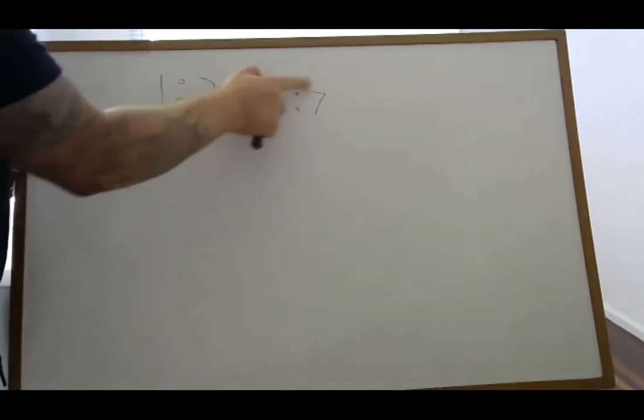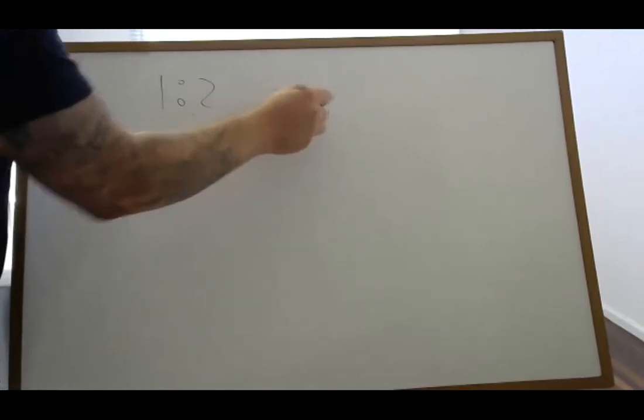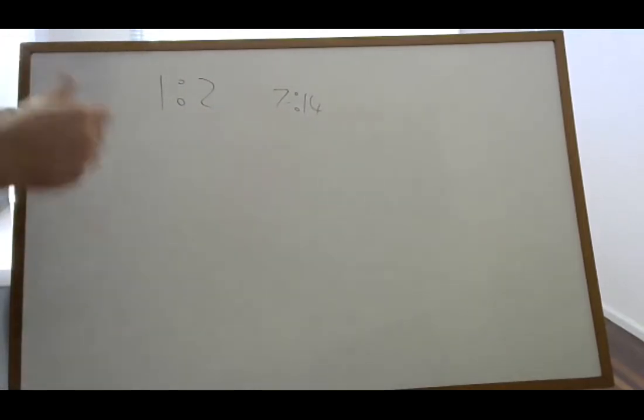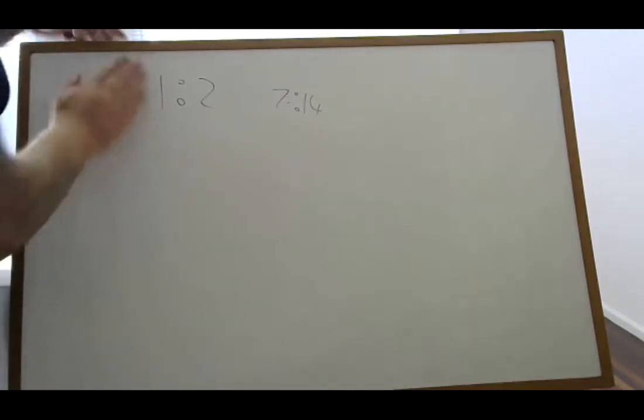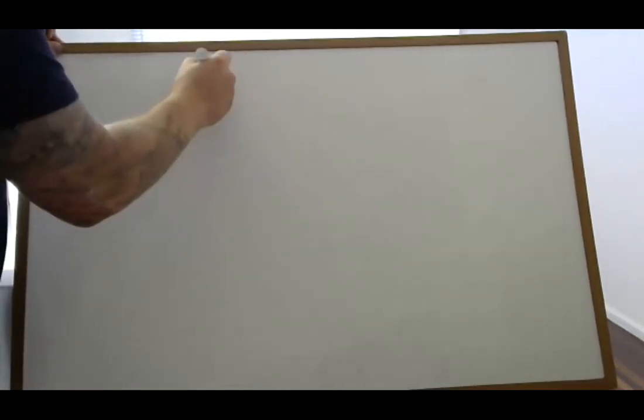What I should have written was it around the right way. So let's say 7 to 14. Now they're equivalent. Sorry. Yes, very good. Okay, 9 to 15, a couple more of these.